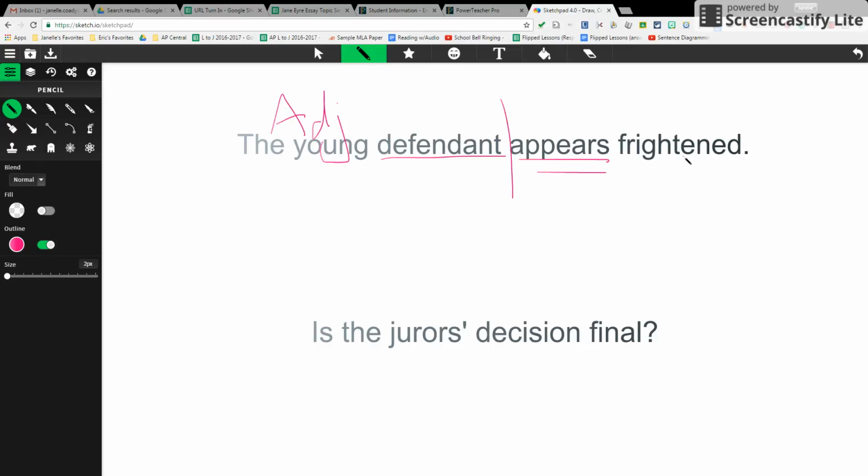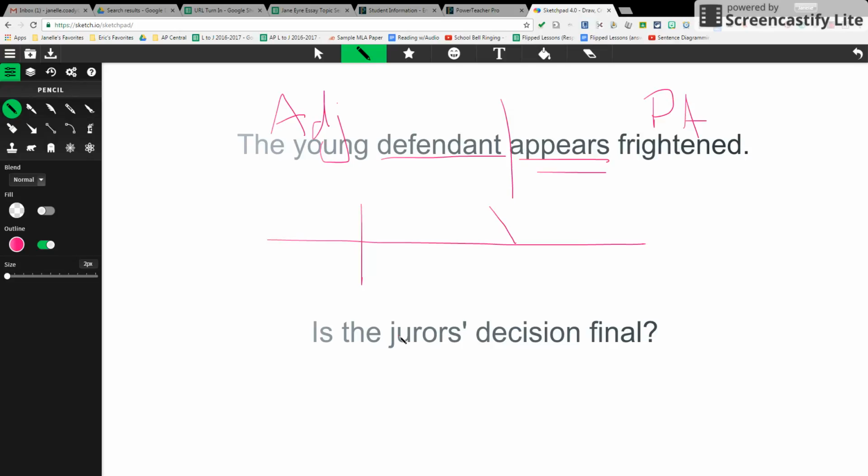Now, what is frightened? You might be thinking appears is an action verb, but in this case, it's actually a linking or helping verb. Appears frightened is an adjective describing the defendant, because we could say the young frightened defendant appears before the jury. Okay, so frightened is a predicate adjective in this case. So you would diagram it just like you did the last one, with a slanted line as such.